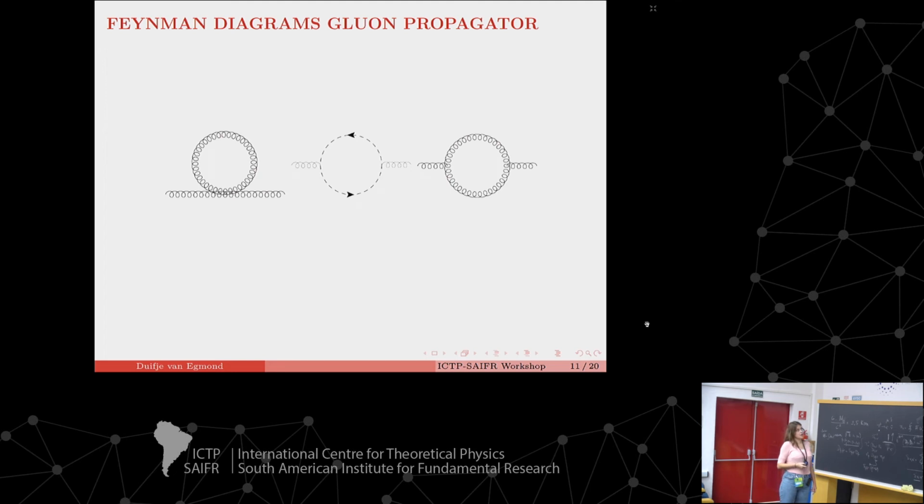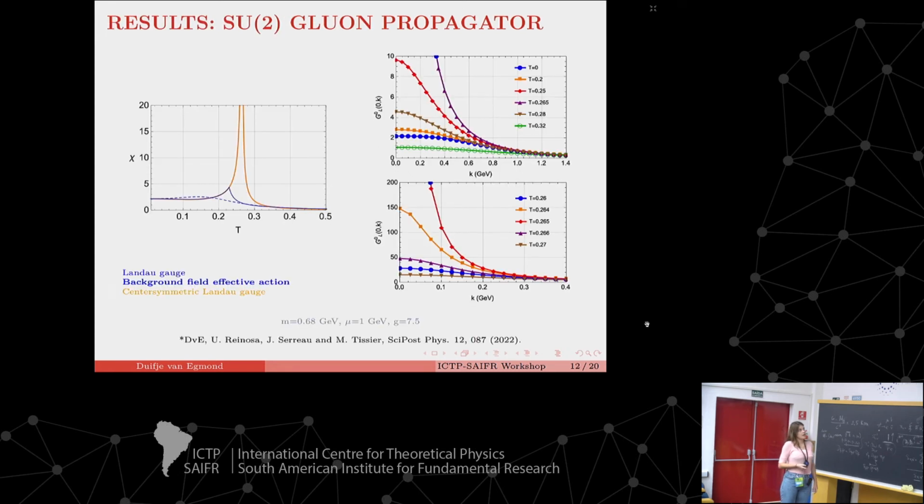Now here are the gluon propagators that we calculated at finite temperature. And here is the SU(2) gluon propagator. So here again is a result from our earlier work this year, which is just the second derivative, so just taking the electric susceptibility by having the effective potential and taking the second derivative.